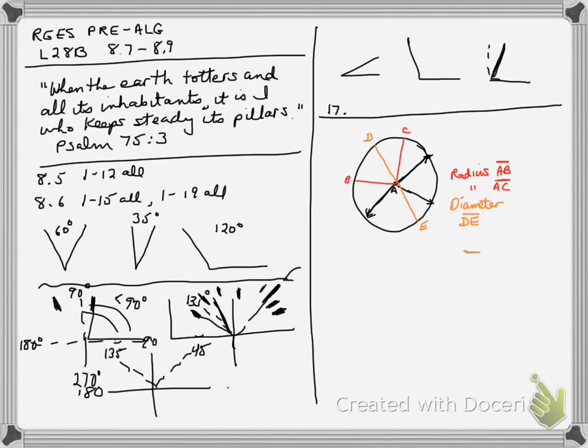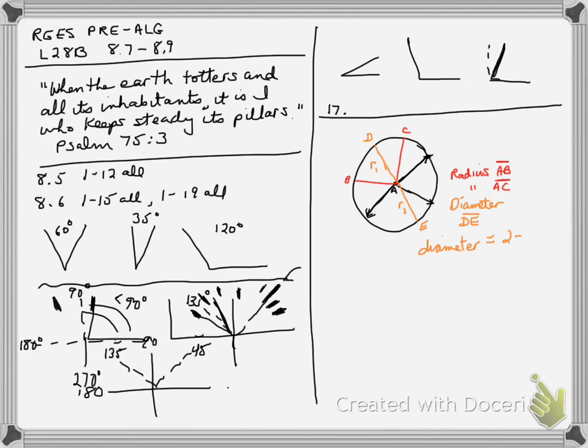Now, it's probably obvious to you that I also have two radii there. Radius 1, having trouble with my writing utensil, hang on. And radius 2, radius 1 is DA and radius 2 is AE, and the diameter equals 2 times the radius.